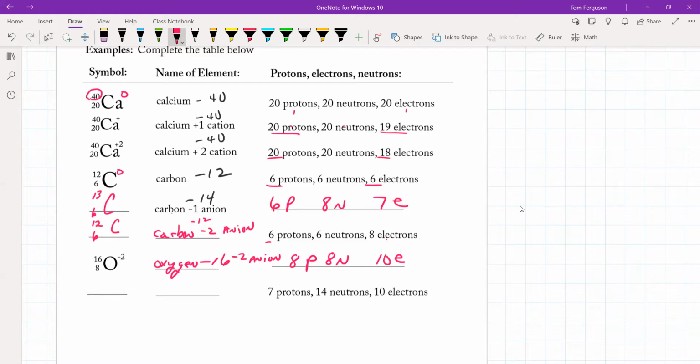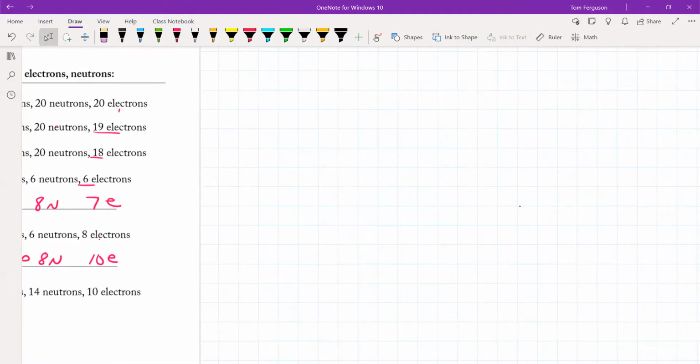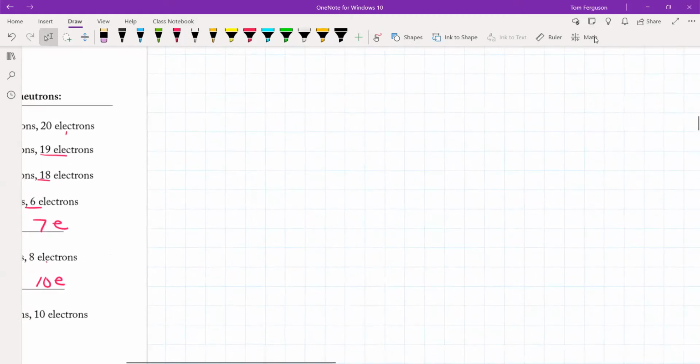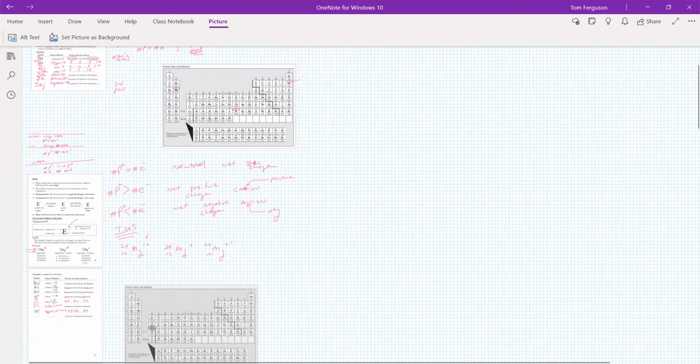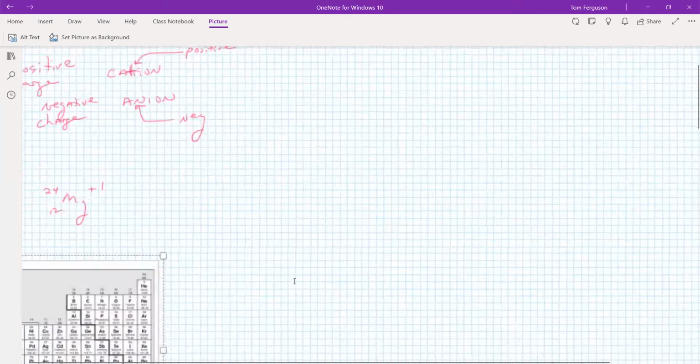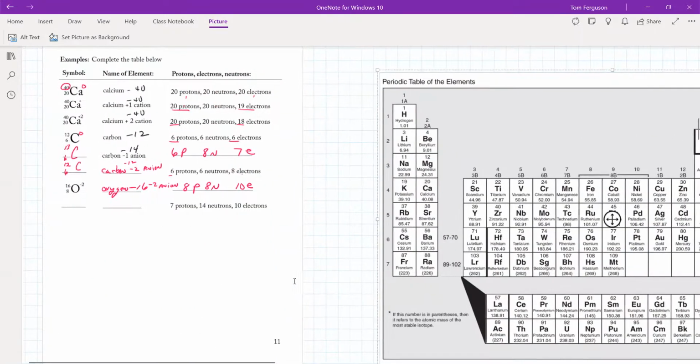Okay, and then lastly, 7 protons. Let me grab the periodic table again. So what has 7 protons?